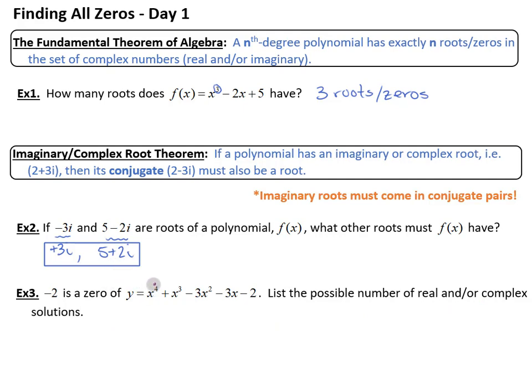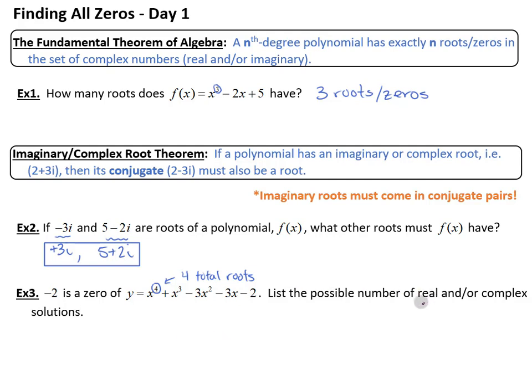Let's see. First thing we can check, we can use this fundamental theorem back up here. Because it's a fourth degree, we know it has 4 total roots. They could be real, they could be imaginary, it could be a combination of both, right? So we know there should be a total of 4.